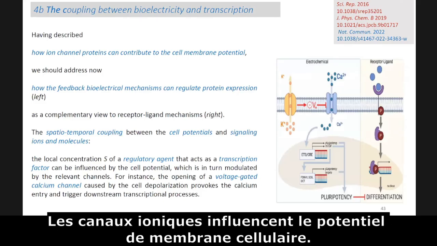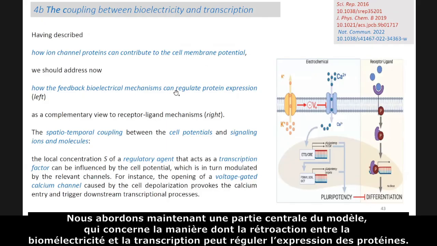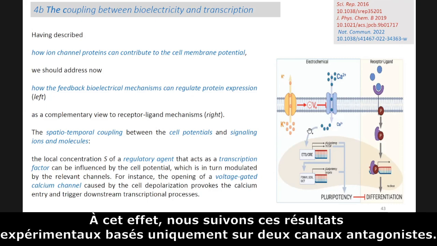So having described how ion channel proteins can contribute to the cell membrane potential, we now address a central part of the model, which is how the feedback between bioelectrical activity and transcription can regulate protein expression. To this end, we follow these experimental results based on only two counteracting channels.